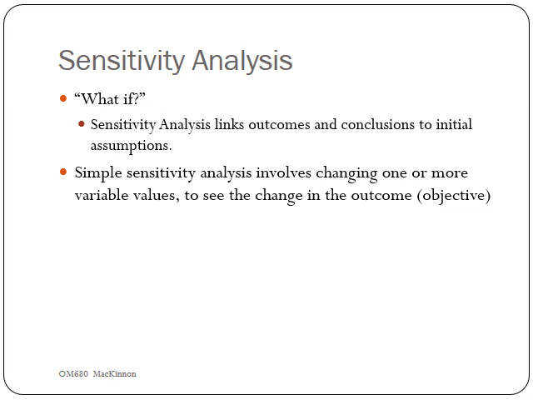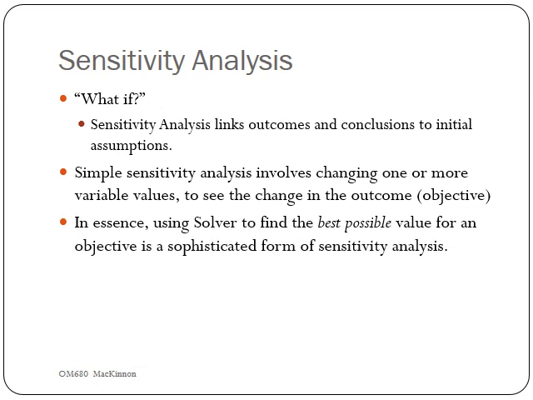If you were to change any of those decision variables that Solver has been doing for us automatically, you would see a difference in the objective. So in essence, using Solver to find the best possible value for an objective is just another way. It's an automated way of performing sensitivity analysis.